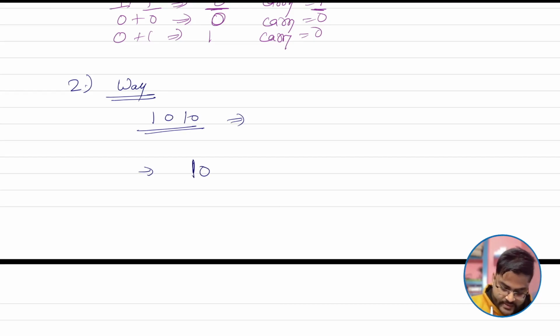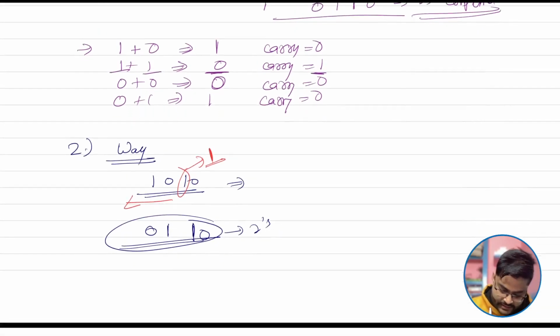Once you found the 1, after that invert the bits. So this will be 1 and this will be 0. This is nothing but 2's complement. It is the same as the previous one, right?